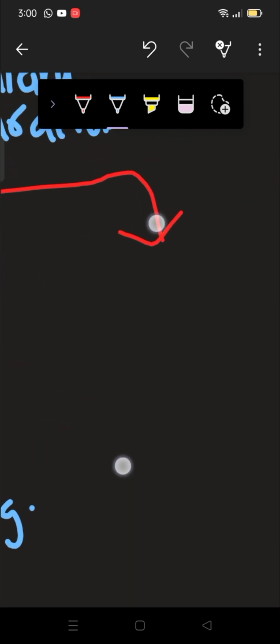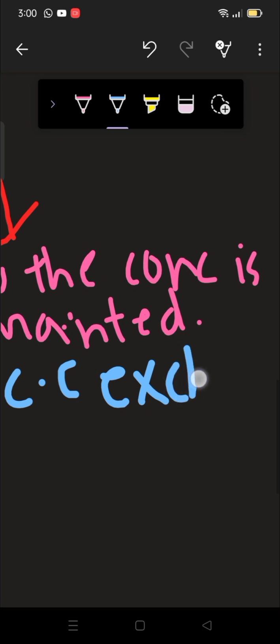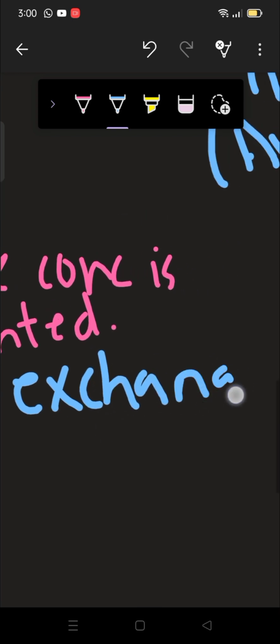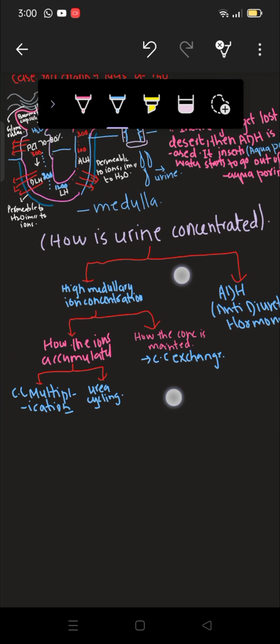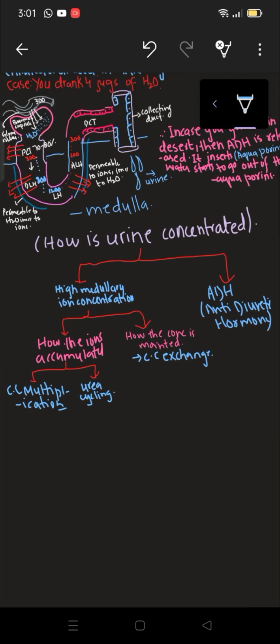Alright, and then how is the concentration maintained? Concentration is maintained by the CC exchange, which is counter current exchange. Alright, so in tomorrow's class we'll be going with the counter current mechanism. So this was all for today.